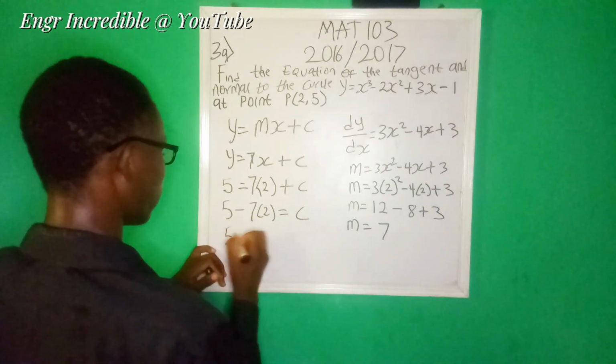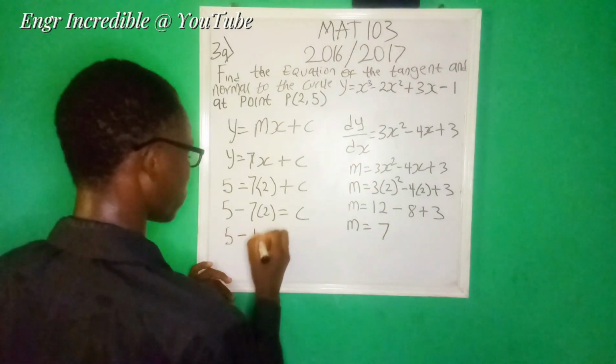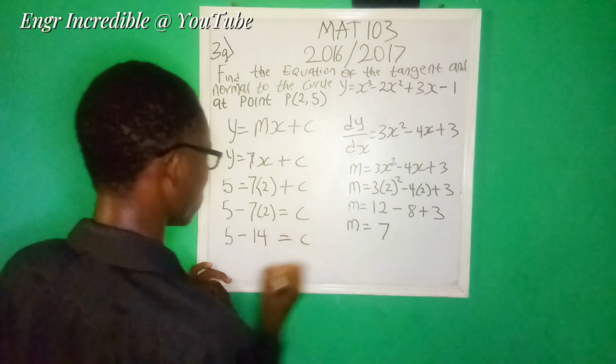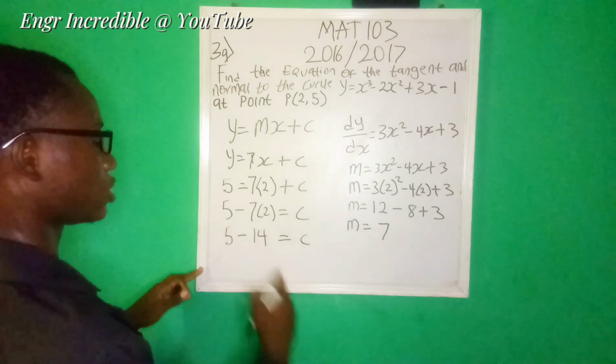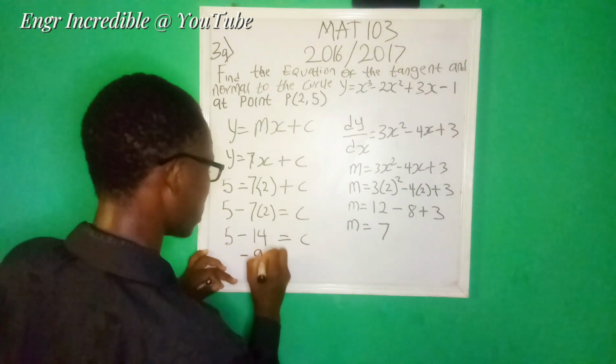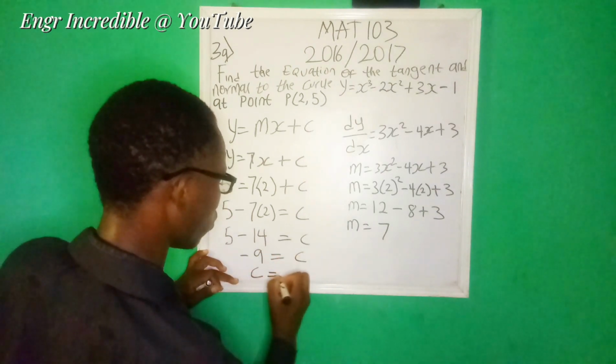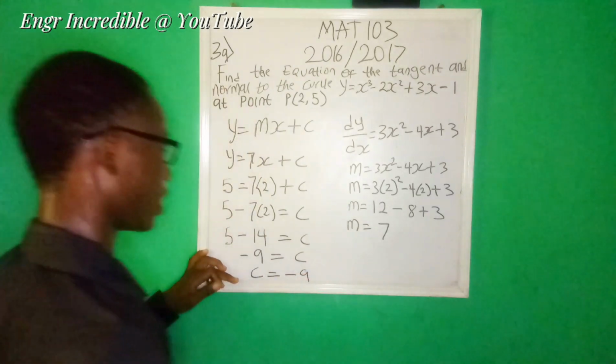We have 5 minus 7 times 2 equals c. 7 times 2 is 14, so 5 minus 14 is minus 9. Therefore c is equal to minus 9.